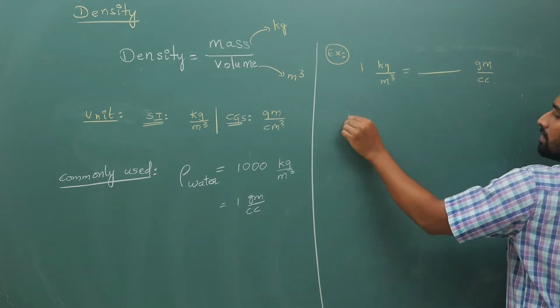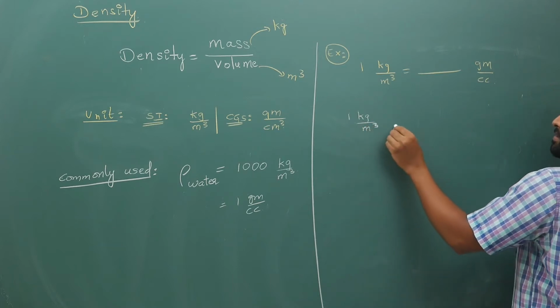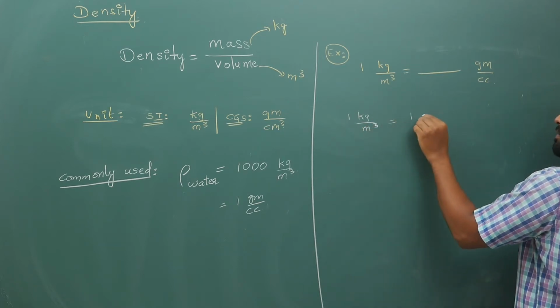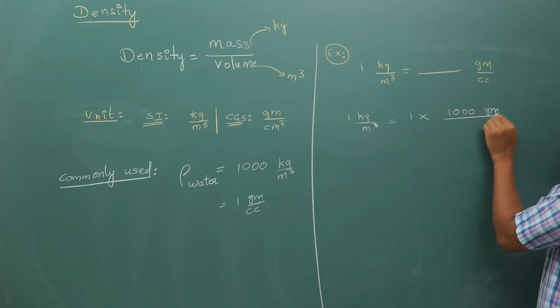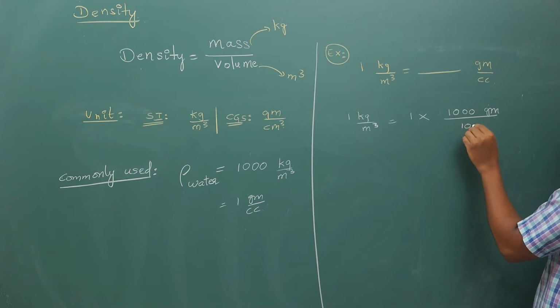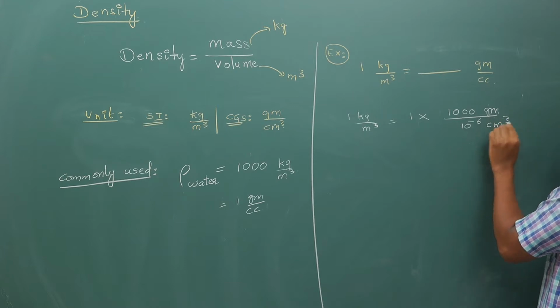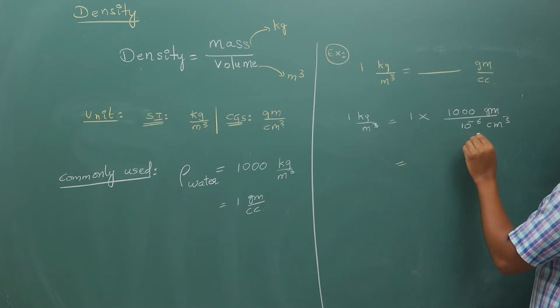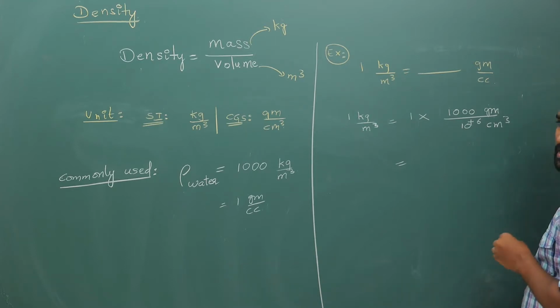Now 1 kg per meter cube can be written as 1 times 1 kg, which is 1000 grams, by 1 meter cube, which is 10 power 6 centimeter cube, since 1 meter is 100 centimeter.